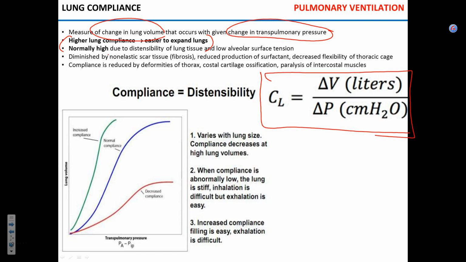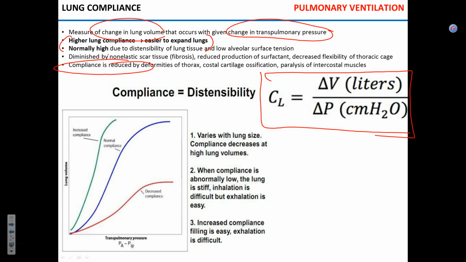Do you follow me? The main problem with high lung compliance is that lungs are very easy to expand, but not so easy to recoil. So exhalation becomes a bit of a problem. Usually we don't face high lung compliance. We're usually concerned about low one. So what can reduce lung compliance?